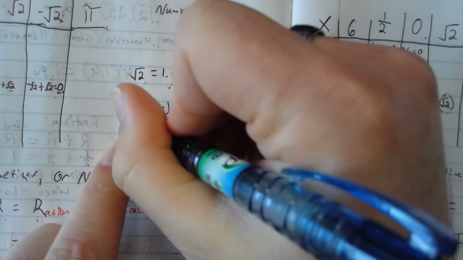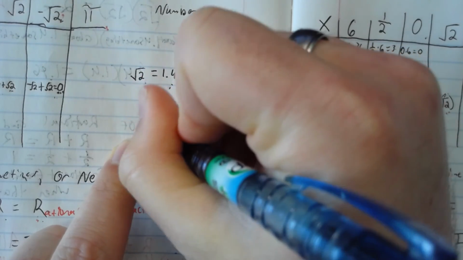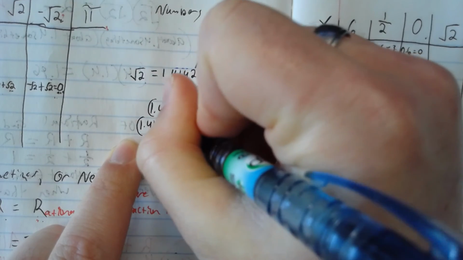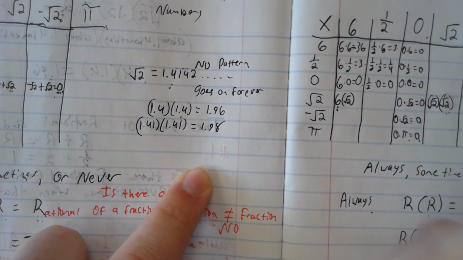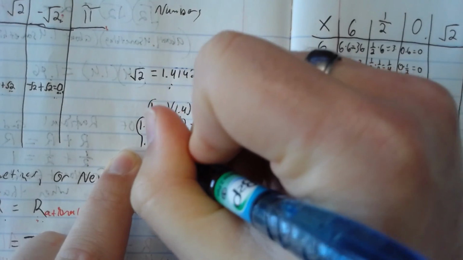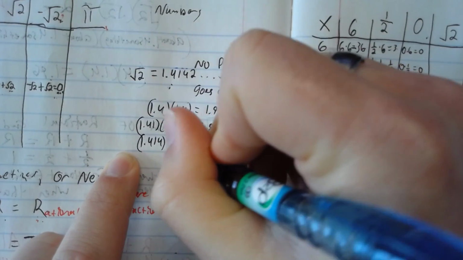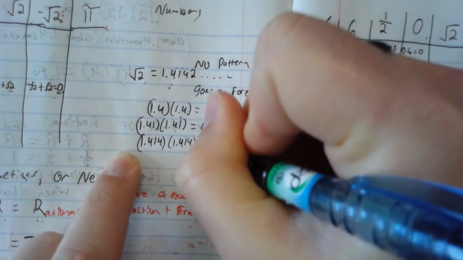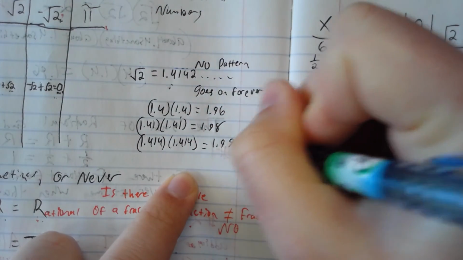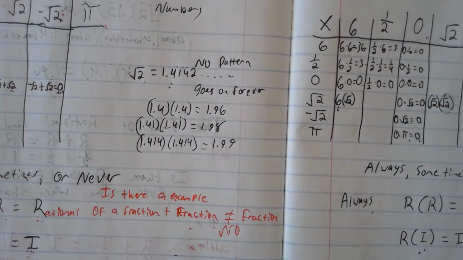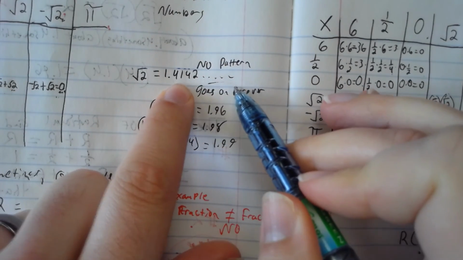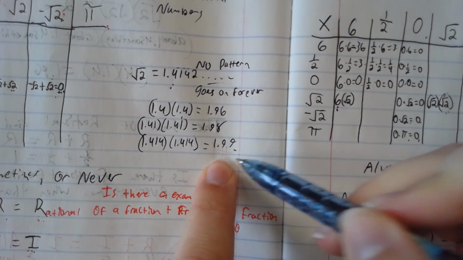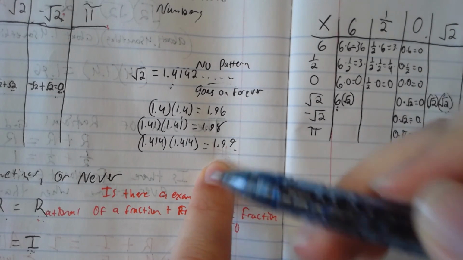So for example, if I do 1.41 times 1.41, I'm going to get 1.98. If I do 1.414 times 1.414, I'm going to get 1.99. And so you can see as we add more and more of those decimals to this never-ending square root of 2 decimal, it's getting closer and closer to 2.